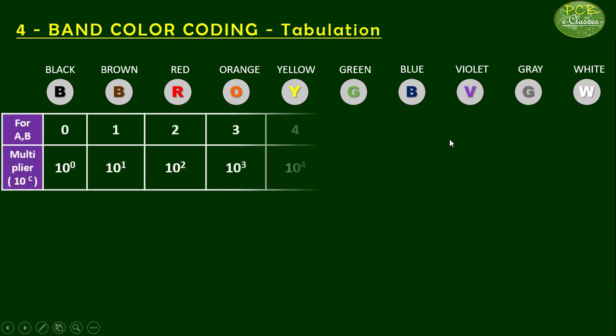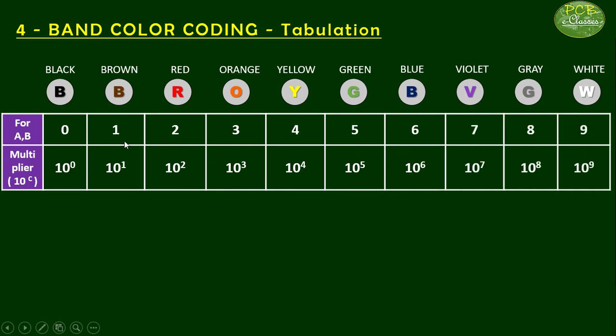So I have given the code as 0 to 9. The respective multiplier will be 10 to the power 0, 10 to the power 1 and so on till 10 to the power 9.